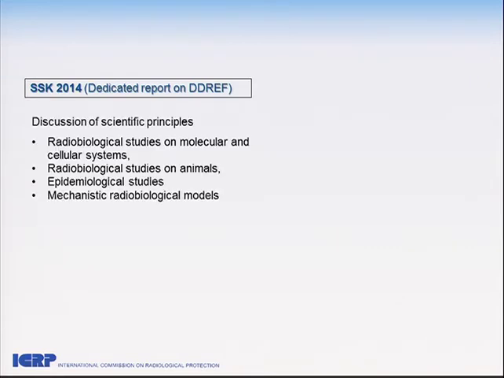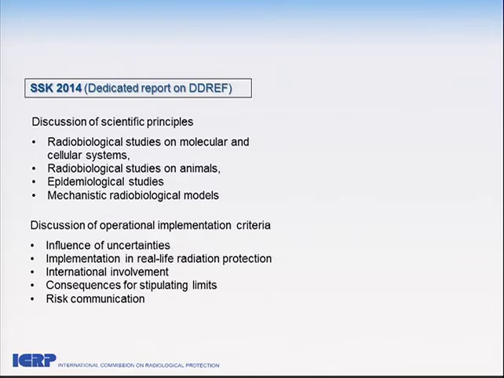This is the German Radiation Protection Commission, and they discussed the scientific principles behind the molecular and cellular data, animal data, epidemiological studies, and radiobiological models, and also included a discussion on more operational criteria, such as the influence of uncertainties, the practicability of the radiological protection system, and so on and so forth.